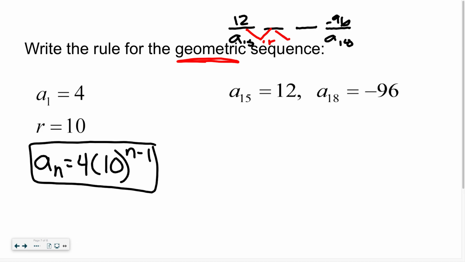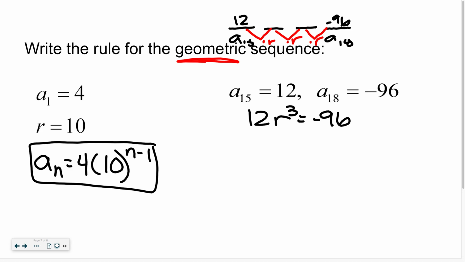Then I take that times r, and I get my 17th term, and then times r again for my 18th term. So I could write an equation that says 12 times r cubed is equal to negative 96. It's what I presented in the homework review. Are you okay with 12r cubed equals negative 96, how I thought about that?